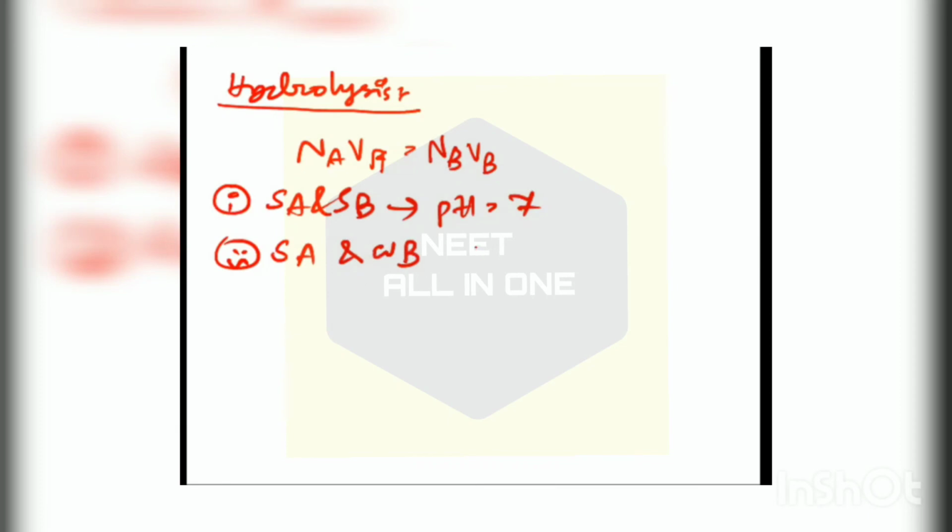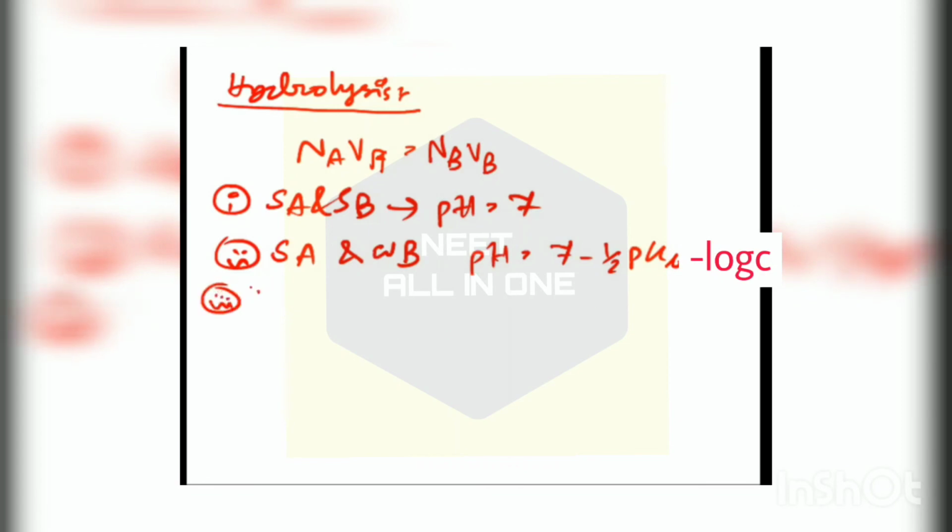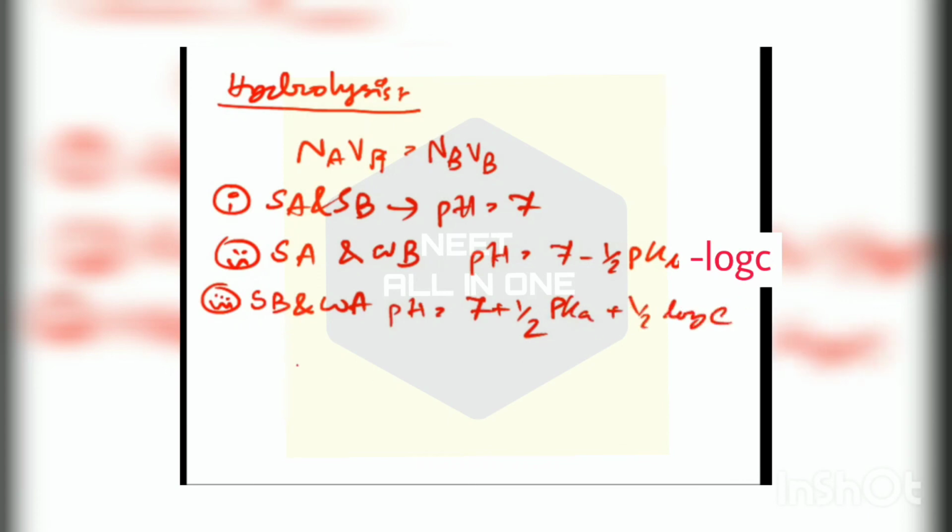Then we have to write a formula for pH, that is 7 minus half pKb minus log C. Now for the third case, that is strong base and weak acid, its pH will be 7 plus half into pKa plus half into log C.